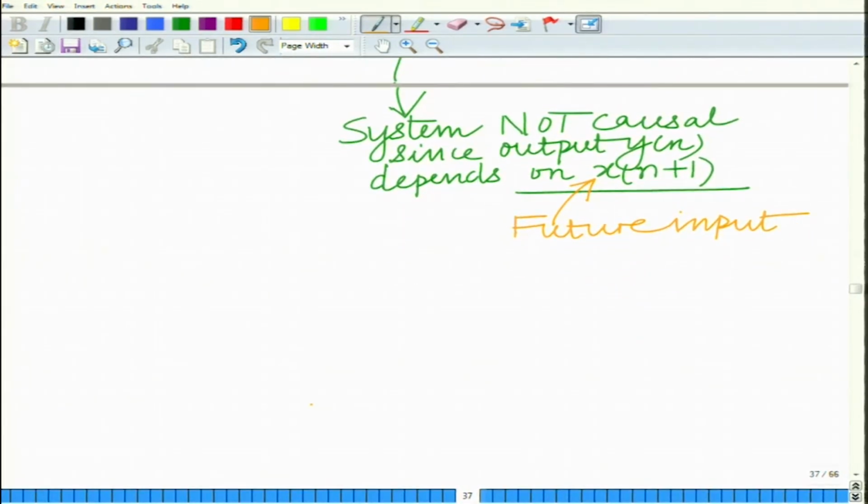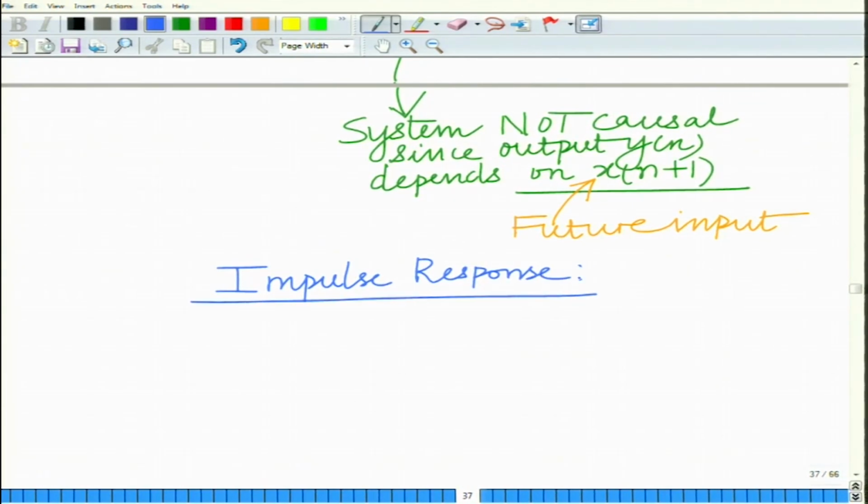And also, one can find the impulse response of this system. To find the impulse response, set the input to the impulse.